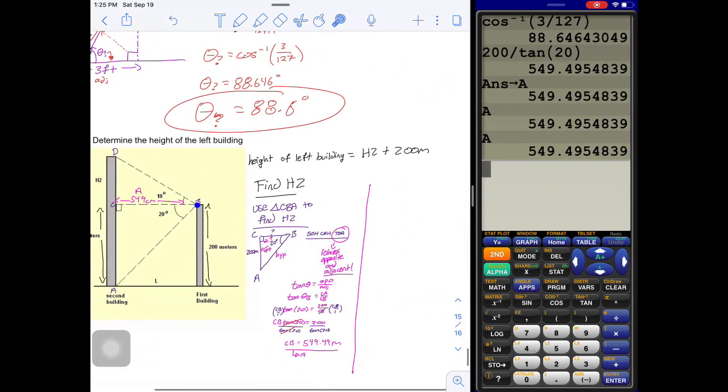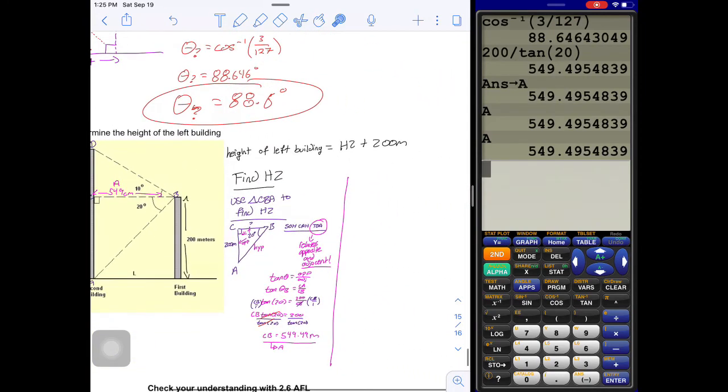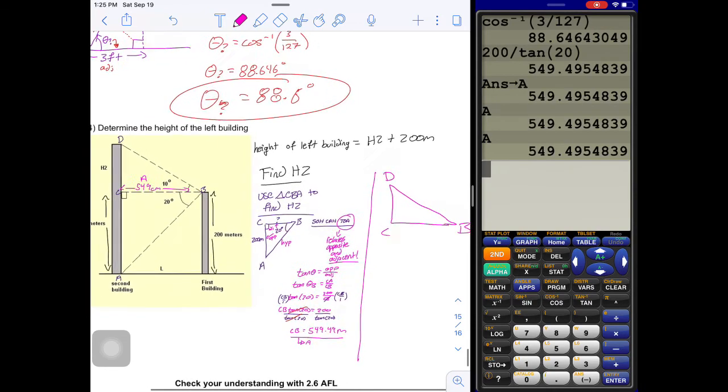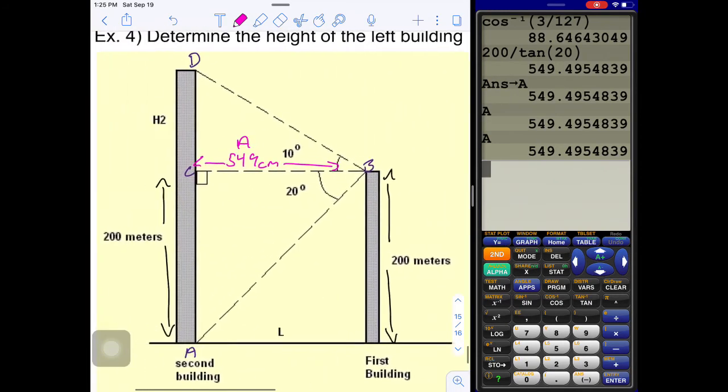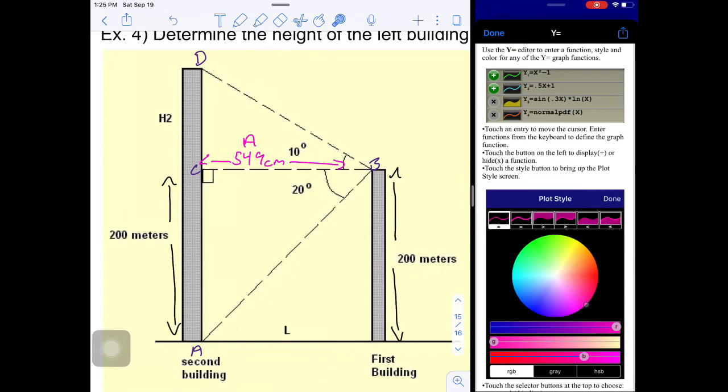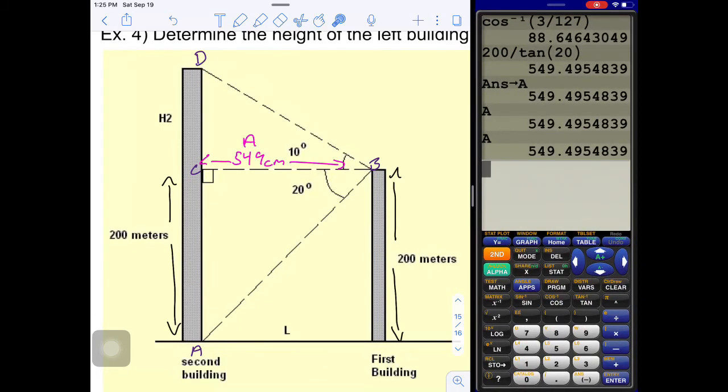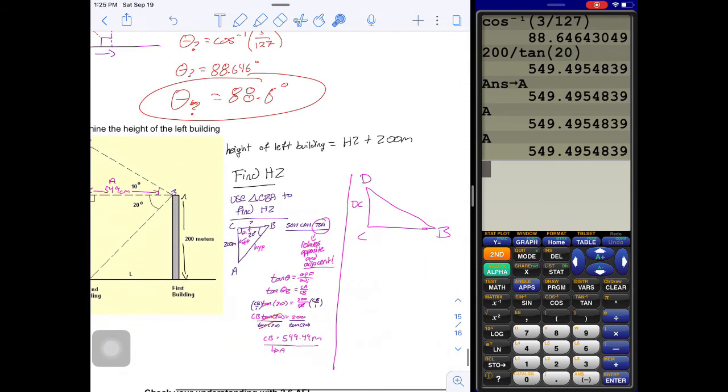So let's draw the triangle B to C to D. We're trying to find D to C, because if you see here, C to D is H2, which is what we're trying to find.